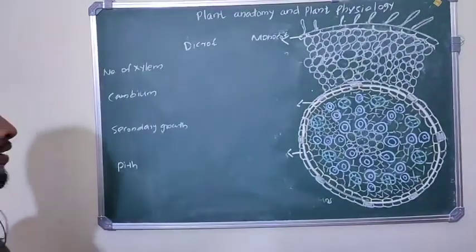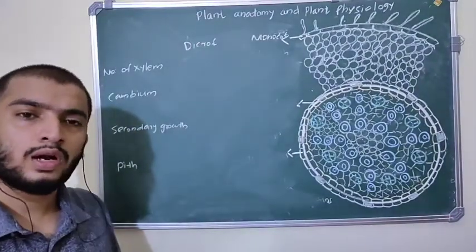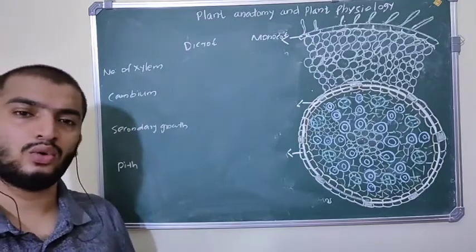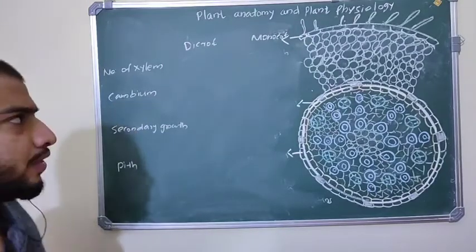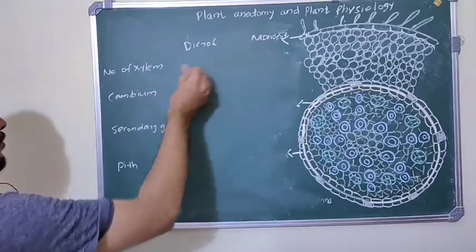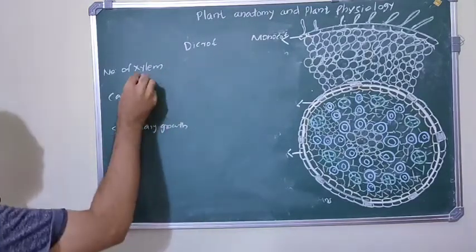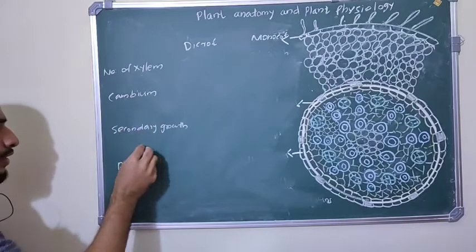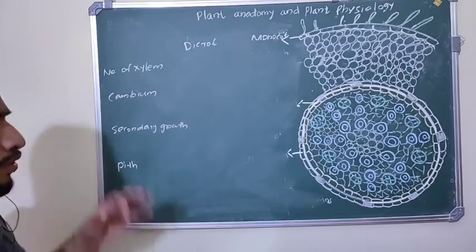Okay. So let's discuss the differences between dicot root and monocot root. We are going to differentiate dicot and monocot root based on these points: number of xylem, cambium, secondary growth, and pit. First of all, number of xylem.